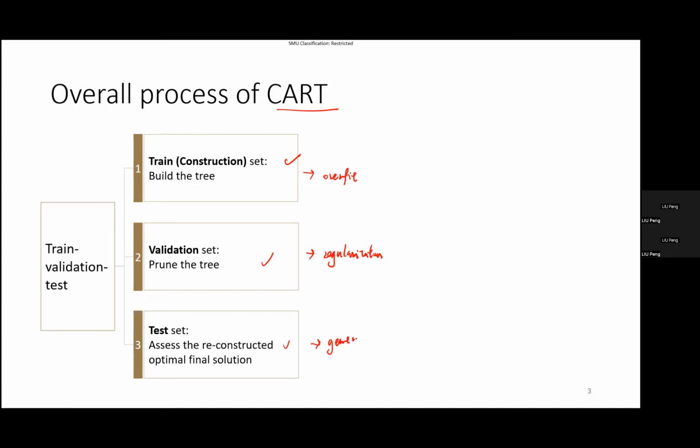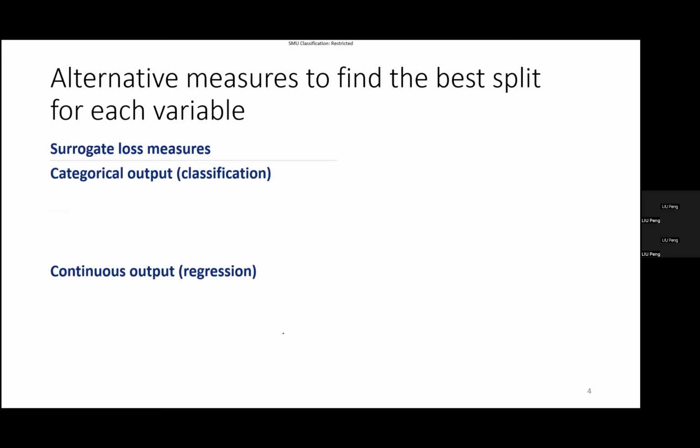Generalization performance, by assessing the model on new data sets. So let's look at the loss function itself. Typically, we use a surrogate loss function because the original loss function is difficult to optimize.